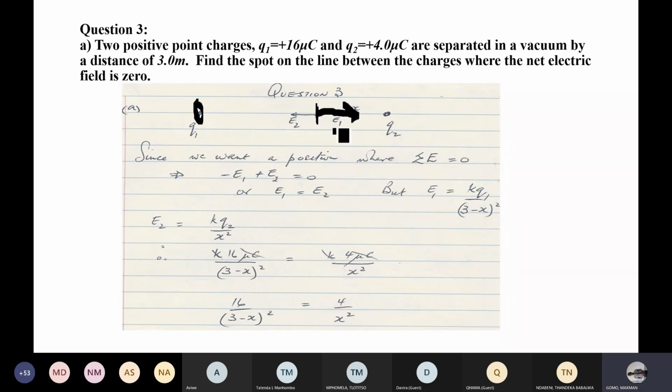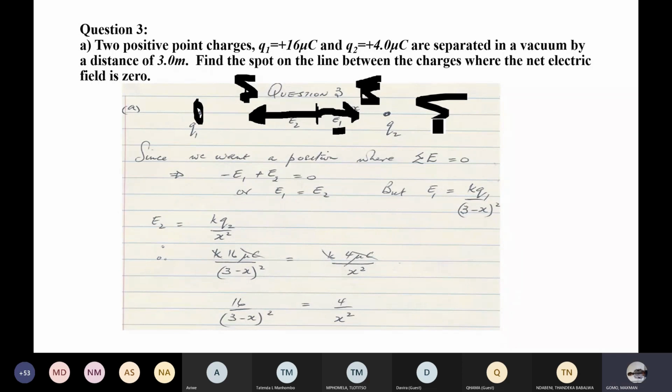That's why you see your E1 is on this side. Then Q2, since it's also positive here, it's going to repel the point to this direction. So at the end of the day, this is going to be your E1, and this is going to be your E2.